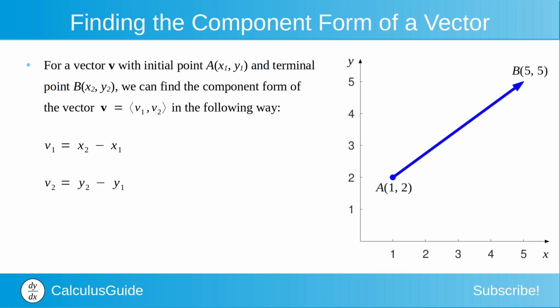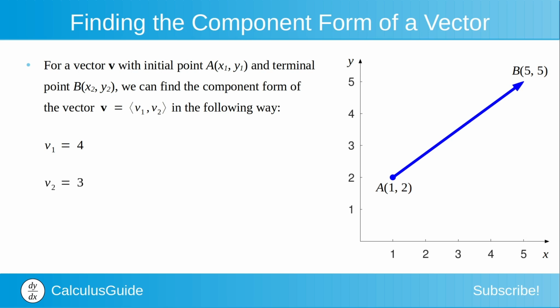So for a vector V with initial point A (1, 2) and terminal point B (5, 5), V1 is equal to 5 minus 1, which is equal to 4, and V2 is equal to 5 minus 2, which is equal to 3.